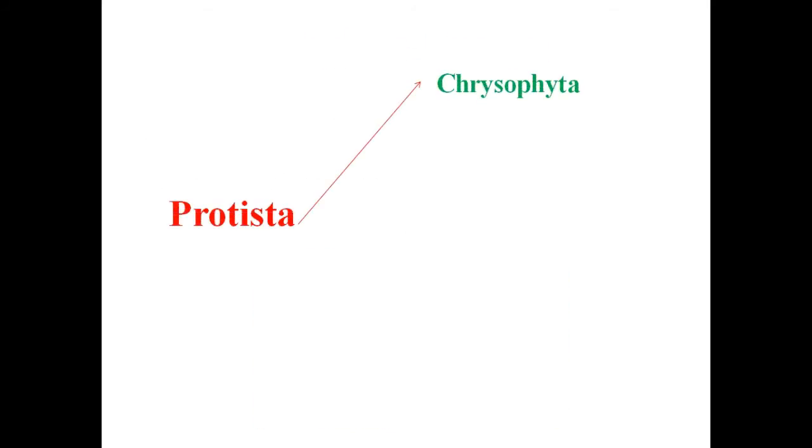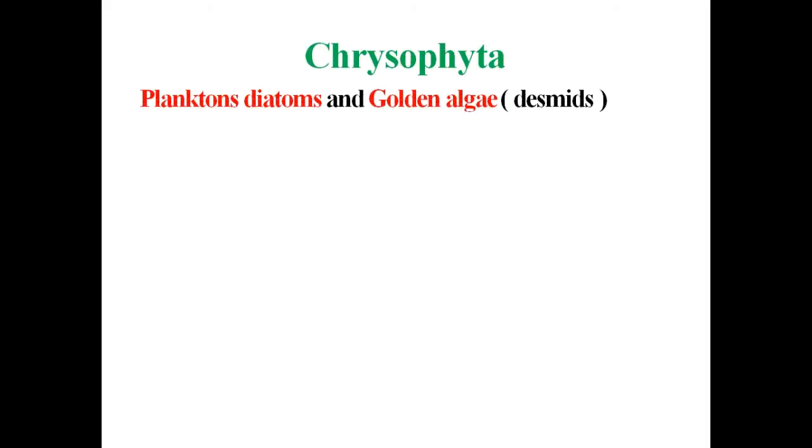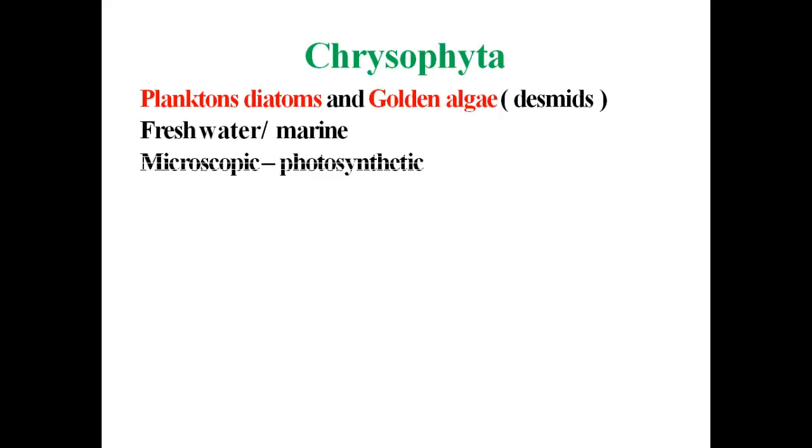This Protista is further divided into 5 categories. The first one is chrysophyta, the next ones are dinoflagellata, euglenoids, slime molds, and protozoans. First, chrysophyta: these are the plankton, diatoms and golden algae. They are freshwater and marine.